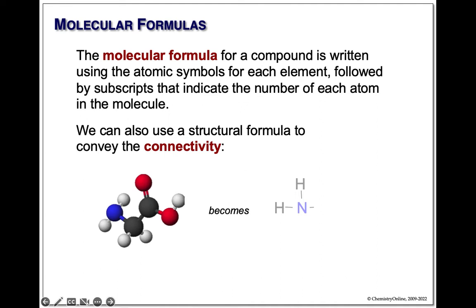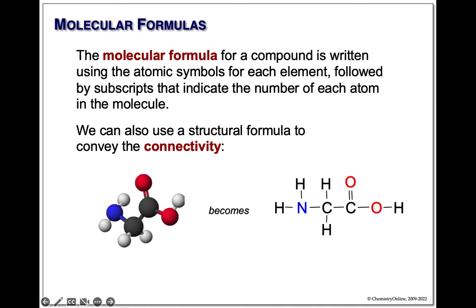We have a nitrogen with 2 hydrogens, a CH2, a carbon that's doubly bonded to an oxygen, and an OH. It's a pain to write, but it tells you absolutely what the molecule looks like. You will see a mixture of all of these. They're simple.